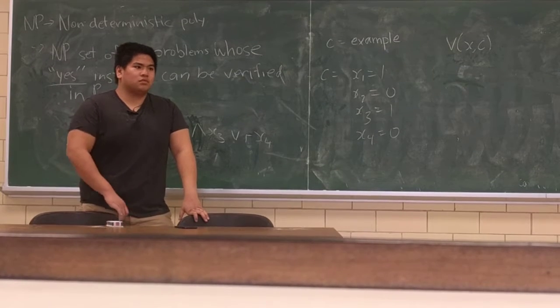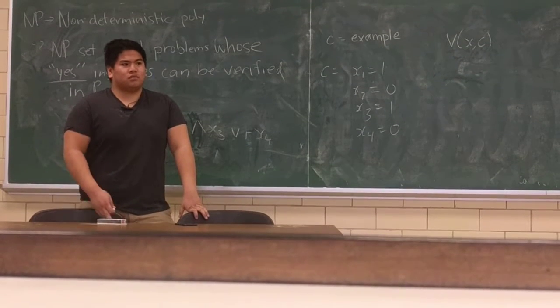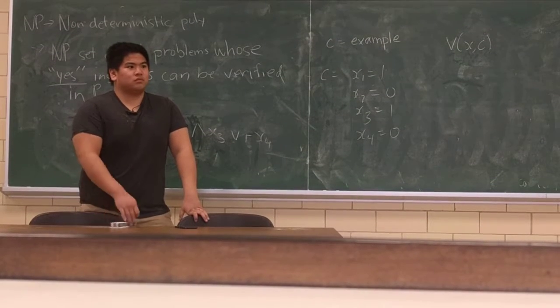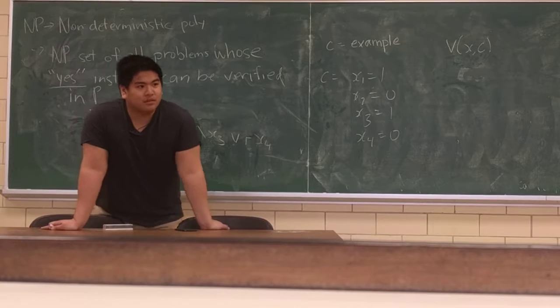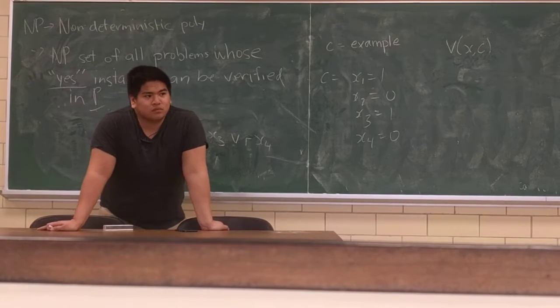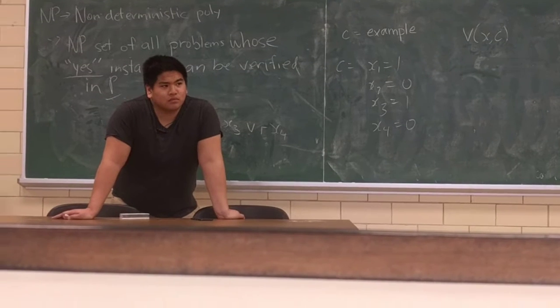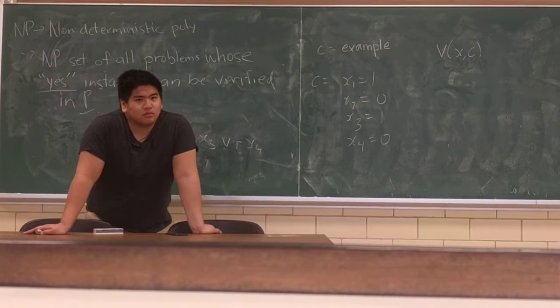Let's say you're given a set, and you want to find the two numbers in this set that sum up to 10. You claim it's NP, which means that there exists a verifier.